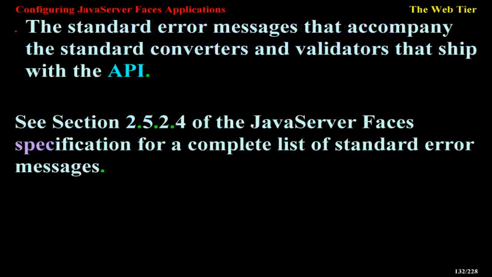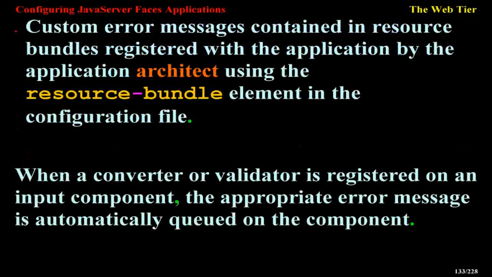See section 2.5.2.4 of the JavaServer Faces specification for a complete list of standard error messages. Custom error messages are contained in resource bundles registered with the application by the application architect using the resource-bundle element in the configuration file. When a converter or validator is registered on an input component, the appropriate error message is automatically queued on the component.